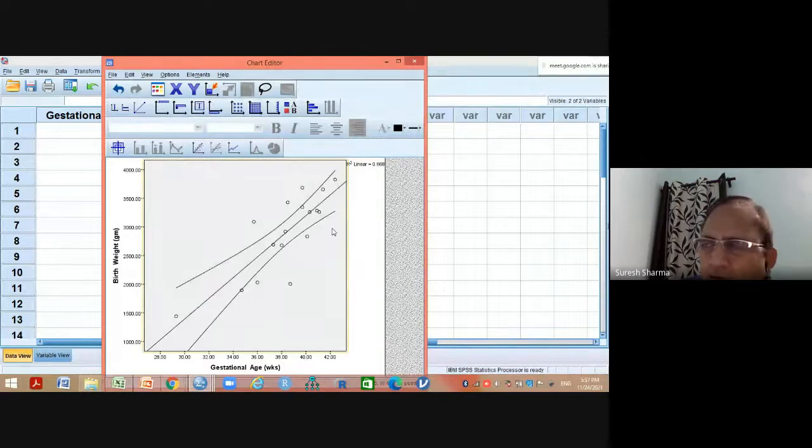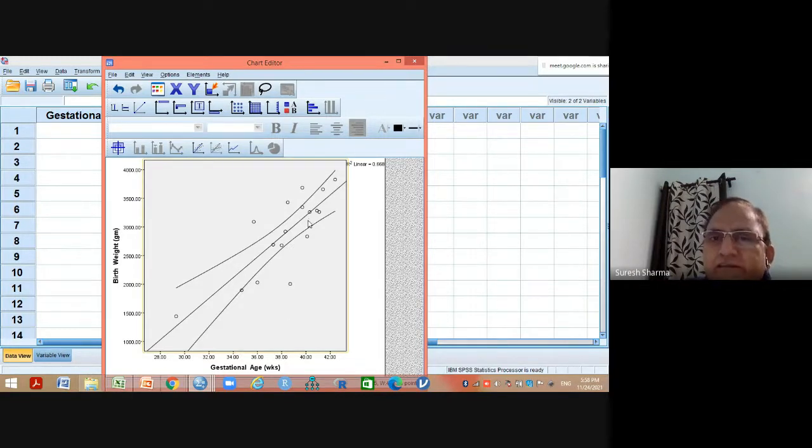This band stands for this: even if you take 100 such samples from this kind of population, 95% of the times this regression line will move within this band. Only 5% chances are there that they will be out of this band.